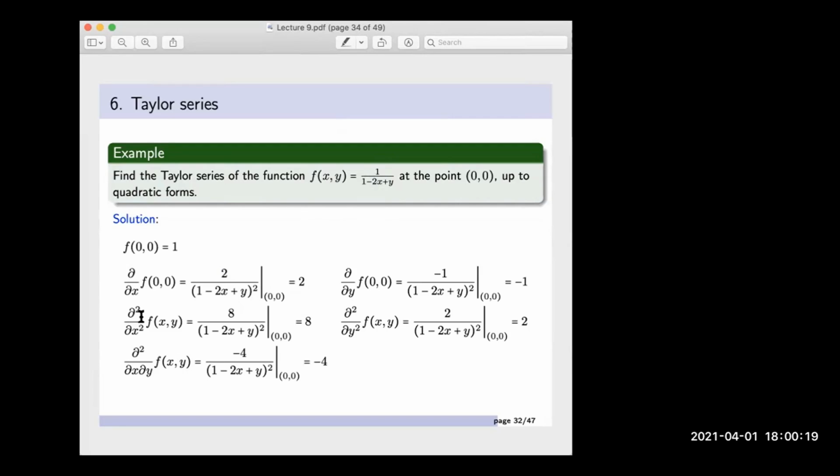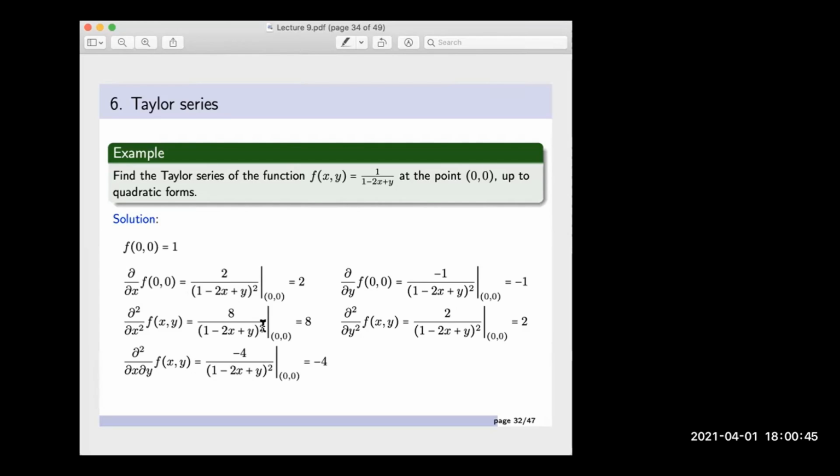If you calculate the second order derivative, you simply need to take one more derivative of the first order derivative. You already know the first order partial derivative. It's written here. You take one more derivative of this expression. Then the power here would become 3.